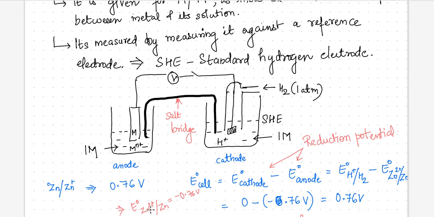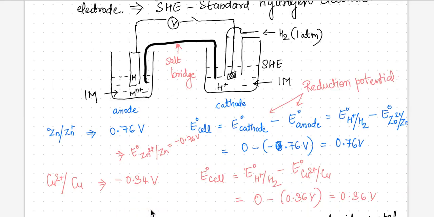Let us look into another example. This is an example of a copper system, copper with its corresponding ions. Now here, if you look carefully, the voltmeter shows a negative value, that is minus 0.34 volt. Keeping the system as anode and cathode, what we obtain here is E naught cell, which is again hydrogen minus the copper system. Now this we know to be equal to 0.